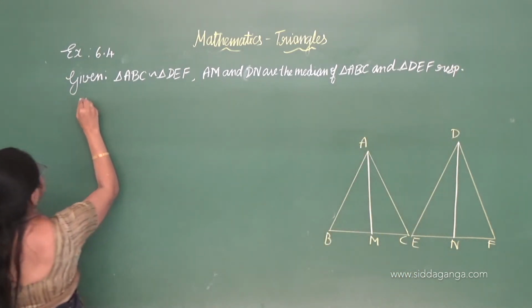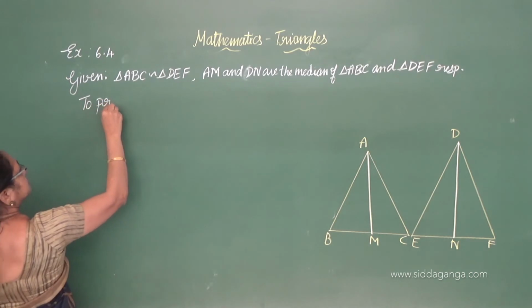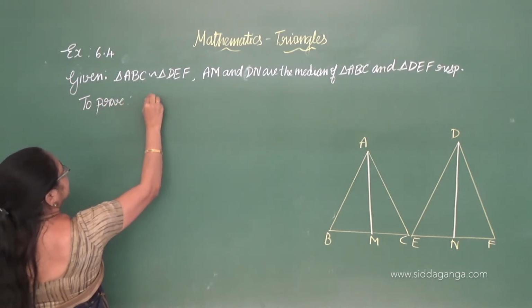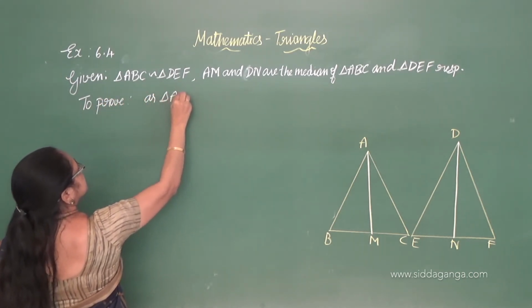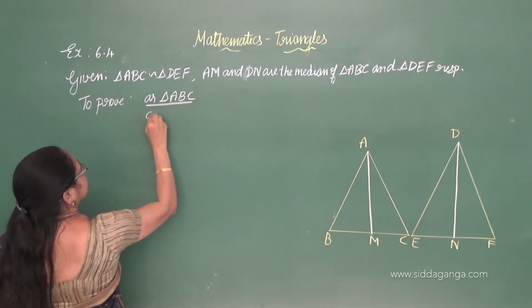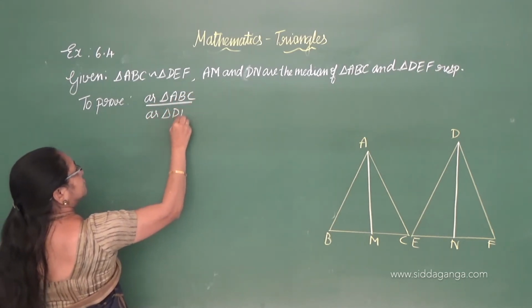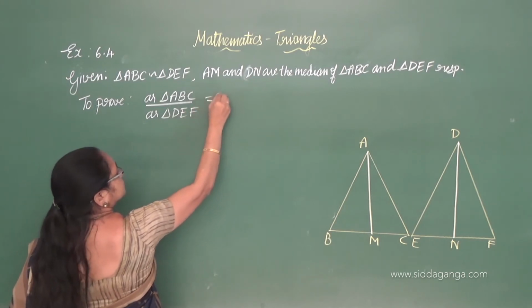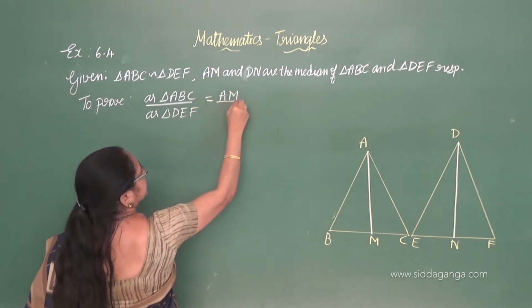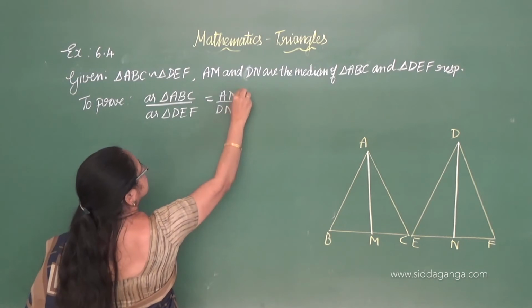Okay. Next, to prove, what you have to prove? Area of triangle ABC divided by area of triangle DEF is equal to AM by DN whole square.